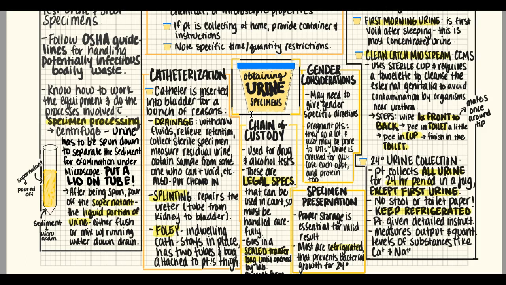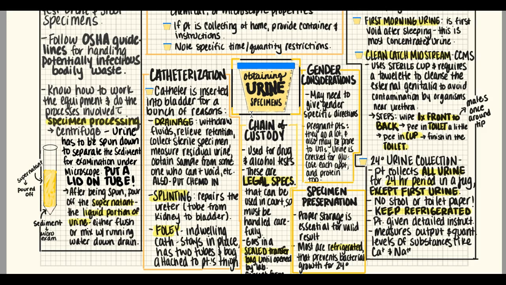The 24-hour urine collection serves to measure output and quantities of levels of substances like calcium and sodium and a number of other things. So there's a reason to make somebody collect 24 hours' worth of urine. But those jugs can be quite odoriferous when you open them. Some people will fill one, some people will fill two, some people will fill in between that amount.